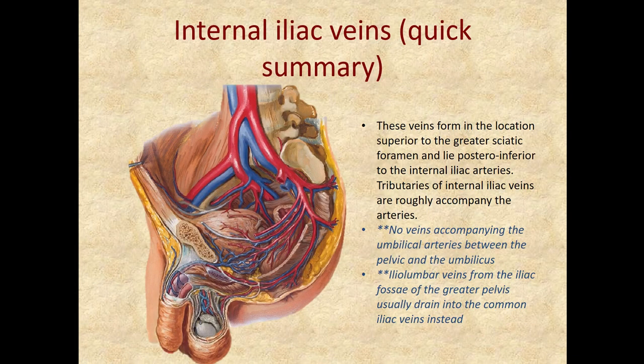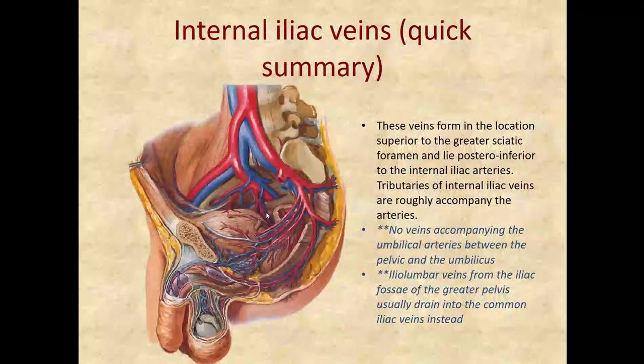Okay, so for the veins, generally speaking, the veins in the pelvis pretty much follow the arteries, the named ones, and the tributaries will drain into the internal iliac vein, and, oops, sorry, it's over here.